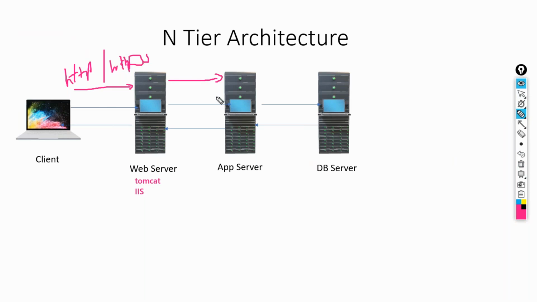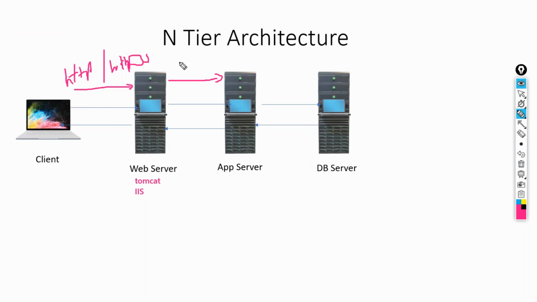Now, the application server is where requests like a servlet or JSP are handled if it is Java, or ADO.NET kind of requests if it's .NET. The application server is where the entire business logic resides.